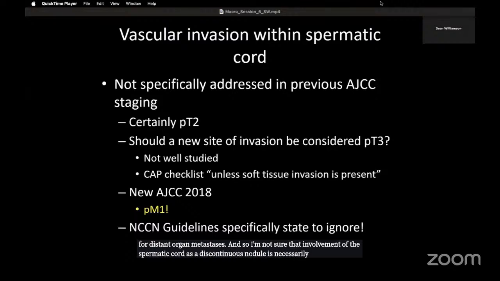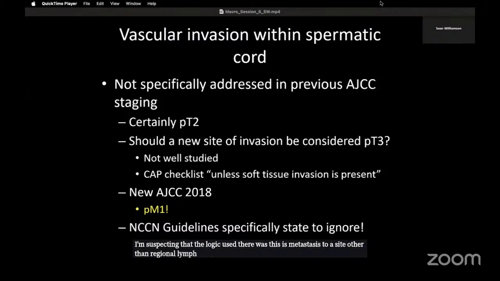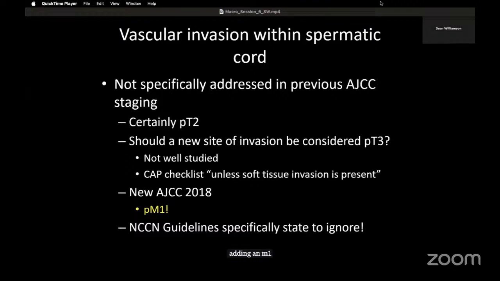I'm suspecting that the logic used there was this is metastasis to a site other than regional lymph nodes, and therefore it was considered M1. But interestingly, if you look in the US National Comprehensive Cancer Network guidelines, they specifically state for clinical purposes not to treat the patient as M1, because adding an M1 would bump the patient to clinical stage 3 immediately.